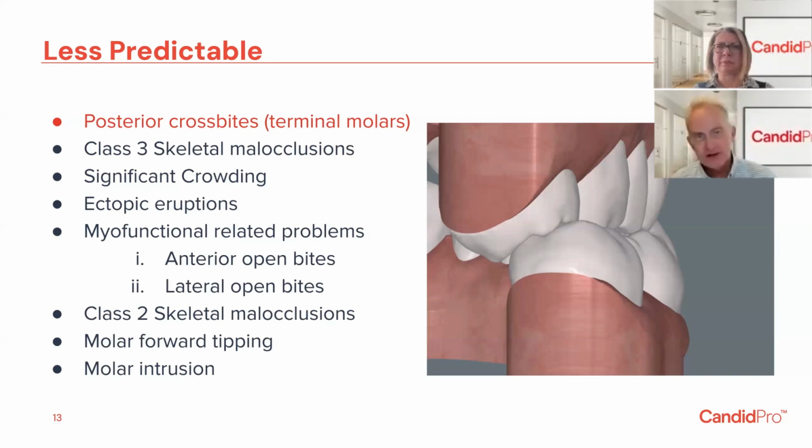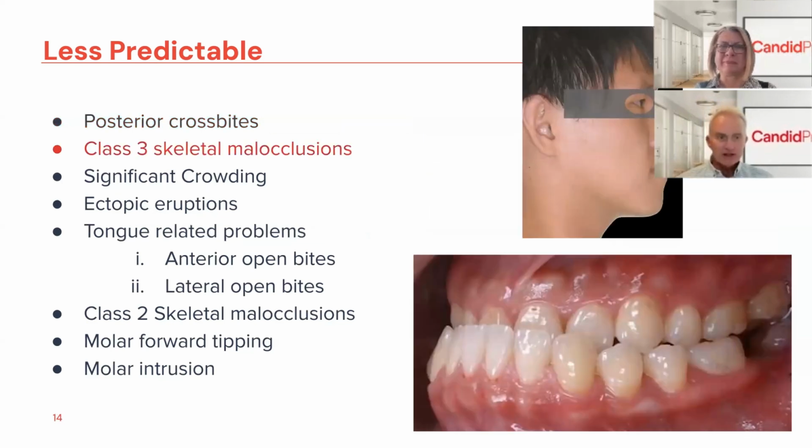And you know what? Sometimes we can't have everything 100% perfect, but we can make it functional. That's why with terminal molar posterior crossbites, we would rather keep them in a good functional position and maybe not go for the ideal, so we're not opening up a can of worms of problems that we have to deal with later.